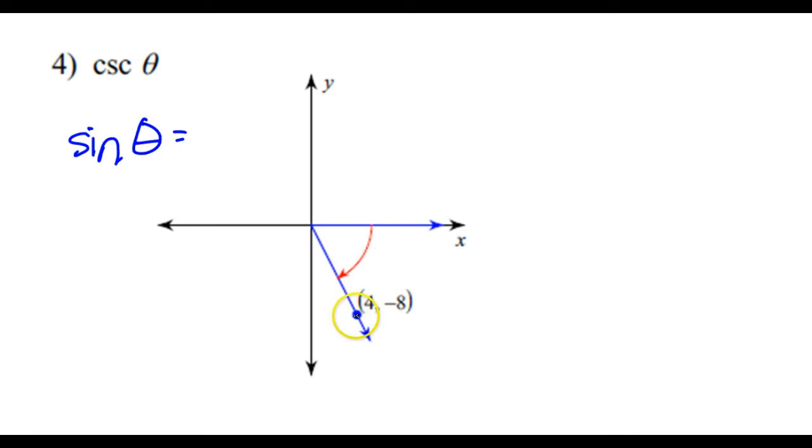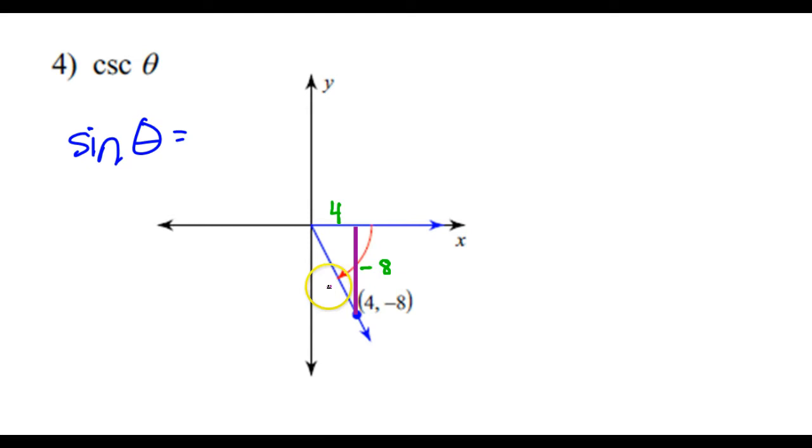So again, let's make a reference triangle. Now this x value is 4, so that means this side of the triangle is going to be 4. 4 to the right is positive. Now this vertical side, this leg here, is going to be your -8. And we need to be careful to actually use the negative sign. This is down 8, so it's -8.